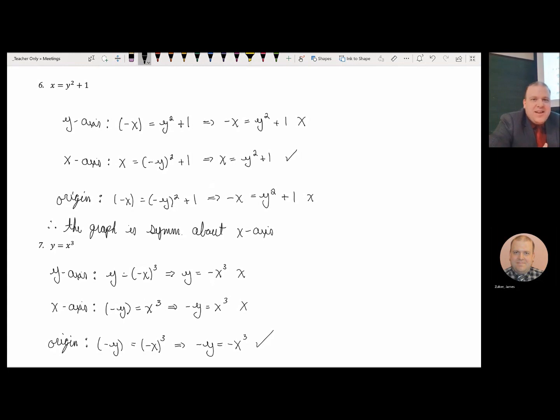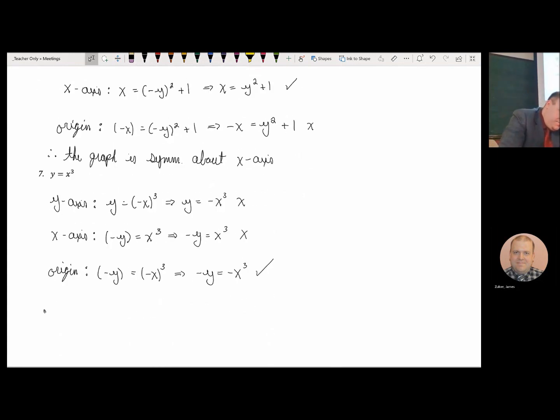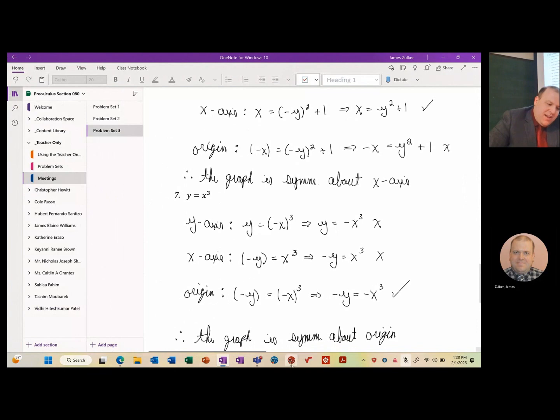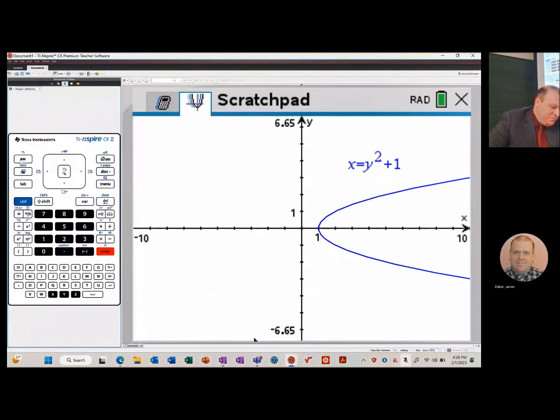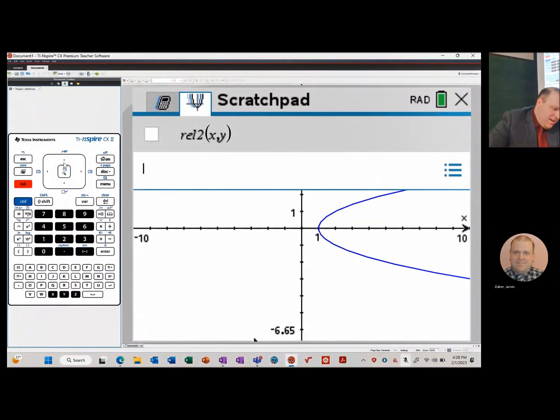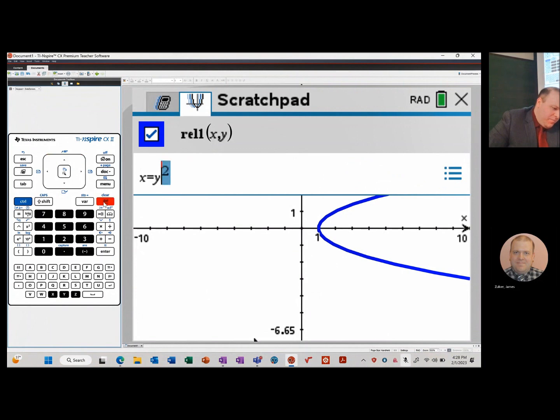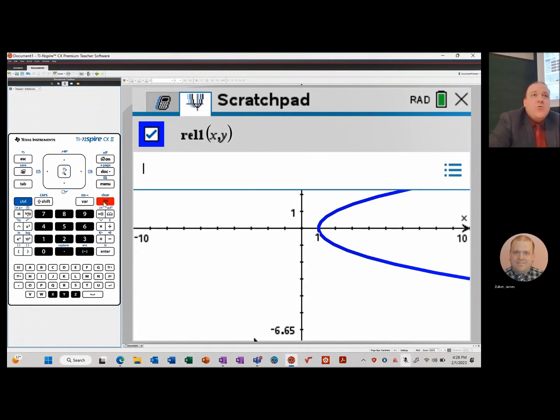So the graph is symmetric about the x-axis there. Here, the graph is symmetric about the origin. And simply because I'm lazy, I'm going to leave it in relation form.